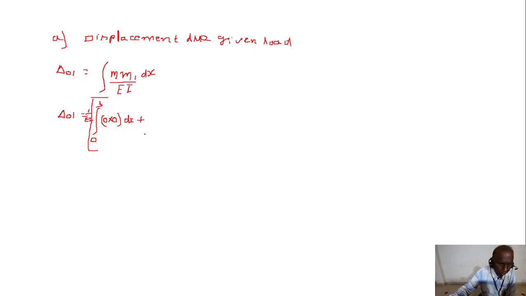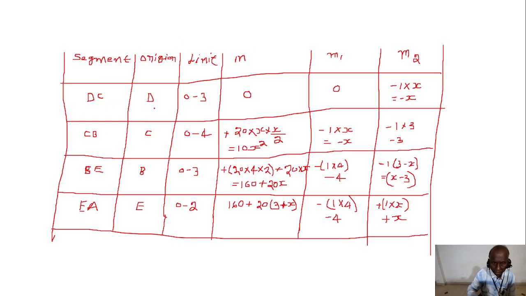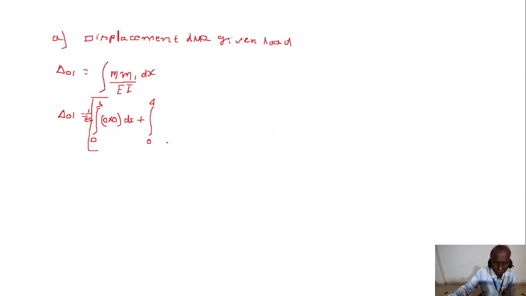Plus next segment 0 to 4. See the moments M and M1: 10 X square into minus X dx.